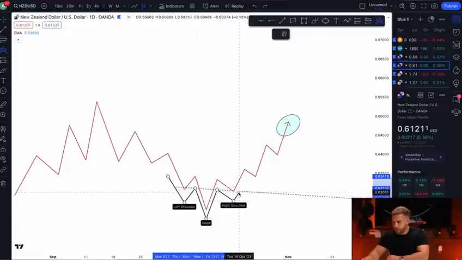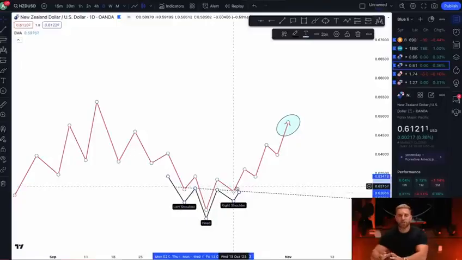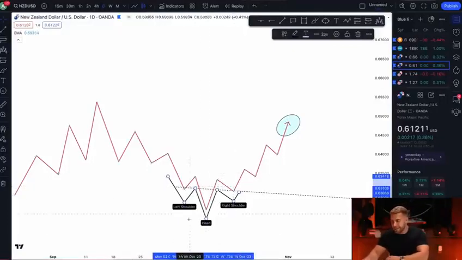Now, this bullish market was created because of a pattern. Now, what pattern, you may be asking? Well, just to make it very simple and straight to the point, it is going to be an inverted head and shoulders pattern, which is going to be this pattern down at this point right here. So it's an inverted head and shoulders pattern, which is the opposite of a head and shoulders pattern.